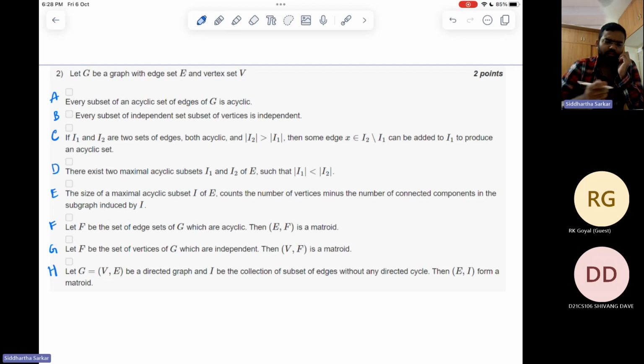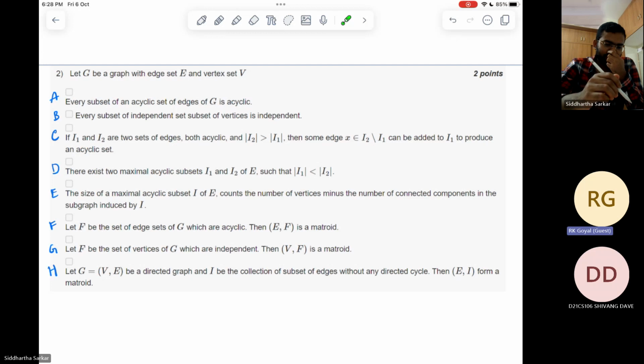Okay, so the first question is not related to matroid. It is related to matroid, but right now we are only looking at it from the perspective of a graph. So we have a graph, let's say the edge set is E and the vertex set is V as usual. Every subset of an acyclic set of edges is also acyclic. That is the first statement.